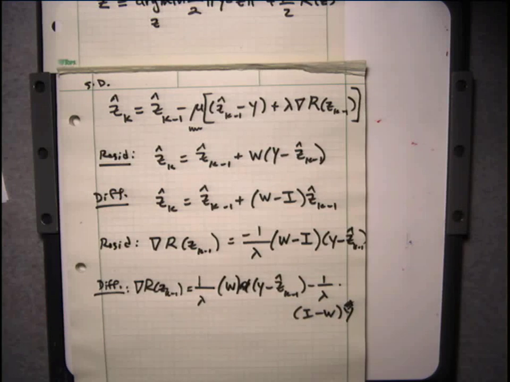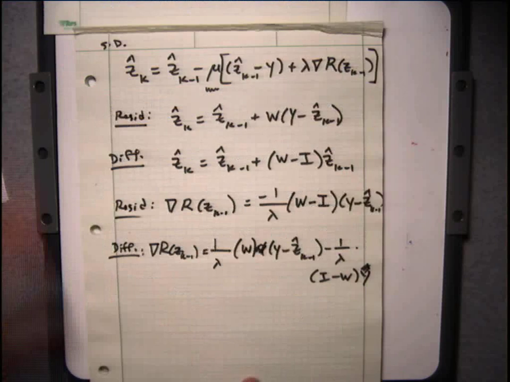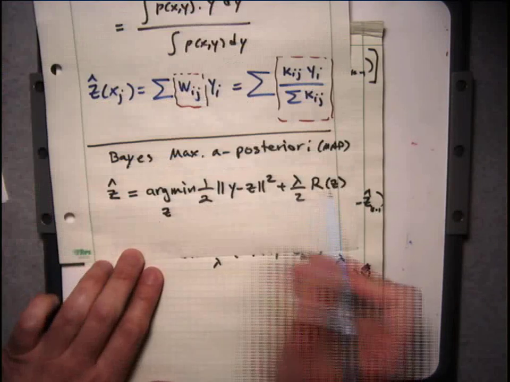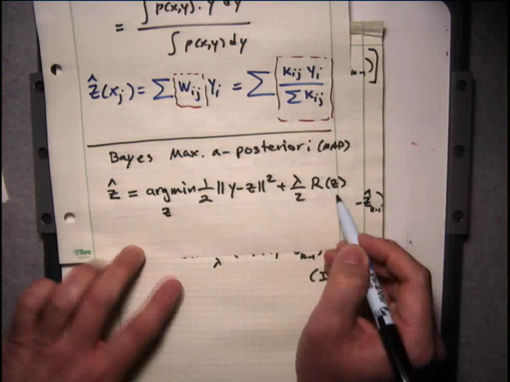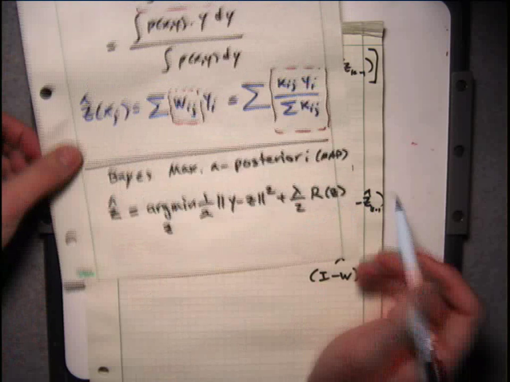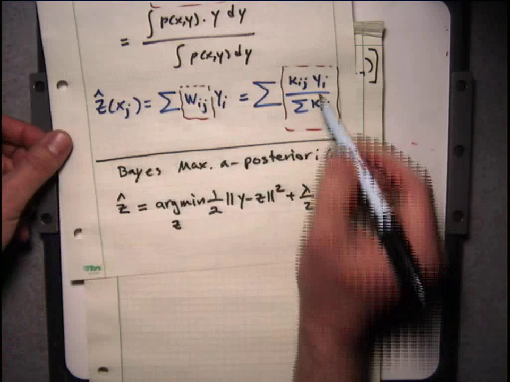Okay. So what I want to do is really, all I'm interested in is for what value of r of z will I get equivalence between my non-parametric formulation and this formulation.